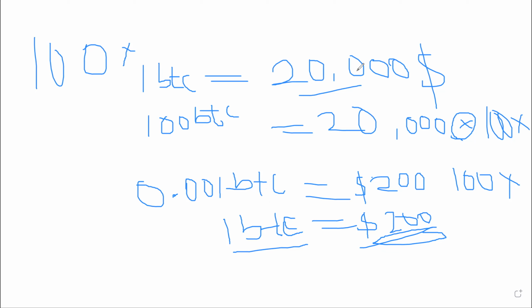If Bitcoin should move to 19,800, you're already losing $200 on the 1 Bitcoin, and you used $200 to open it. That means you're already out of this trade. Do you see how fast that is? Very, very fast. Just a $200 movement, and you are out of the trade. You have lost your money like that. I hope this is clear.